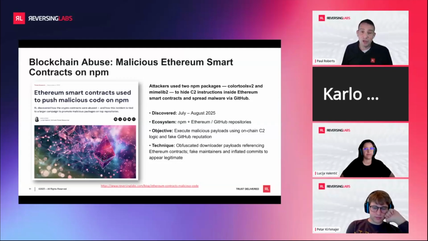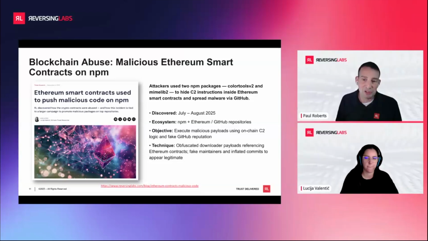And it was regarding malicious npm packages that abused Ethereum smart contracts to conceal malicious commands and install downloader malware. This was Color Tools v2. There are actually a couple of packages. Talk a little bit about how you discovered this and what was going on with this attack.